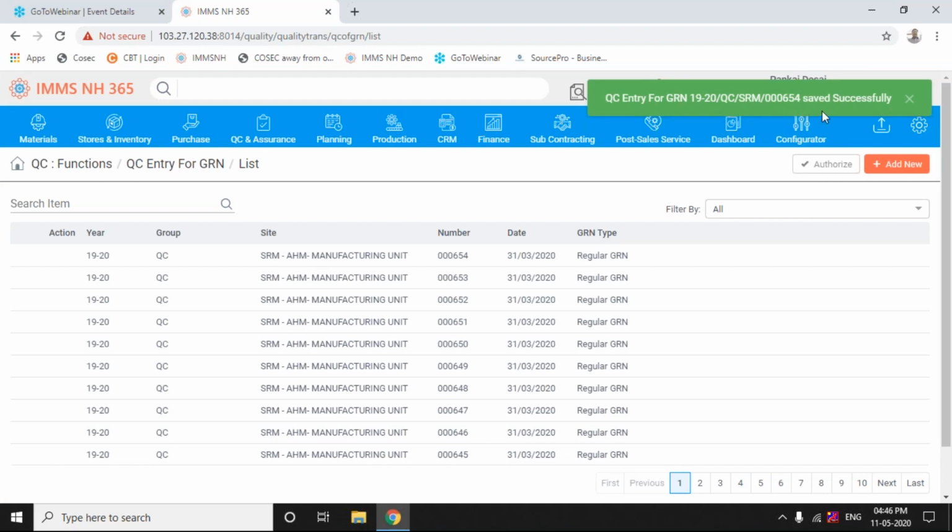A notification is generated and the notification will go to the corresponding people who have been defined in the notification hierarchy matrix, which, as I said in the first session, we will take up in future. So this is the quality done, and 20 items have been accepted and 5 have been rejected. For the purpose of our basic discussion, let us stay limited to this.